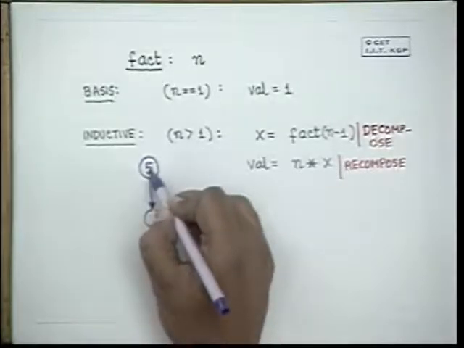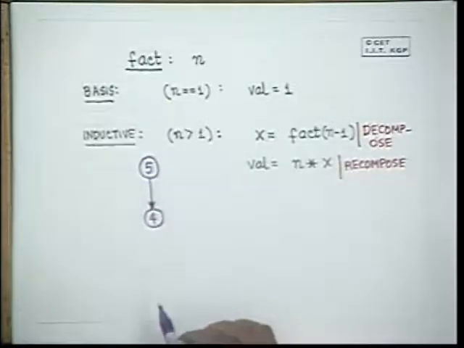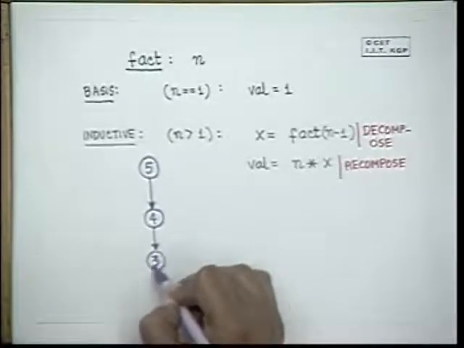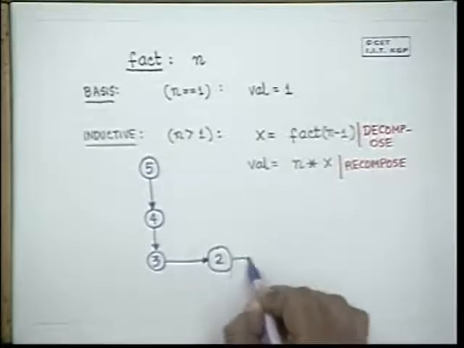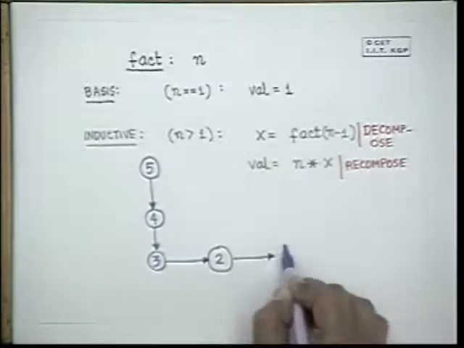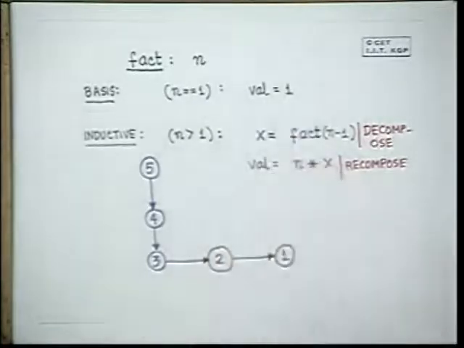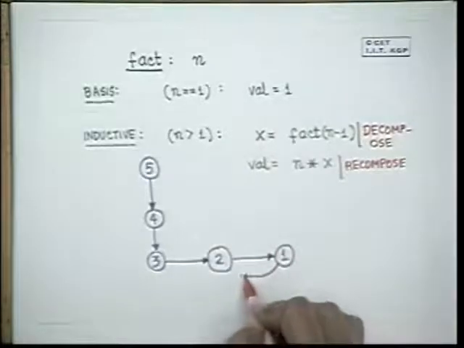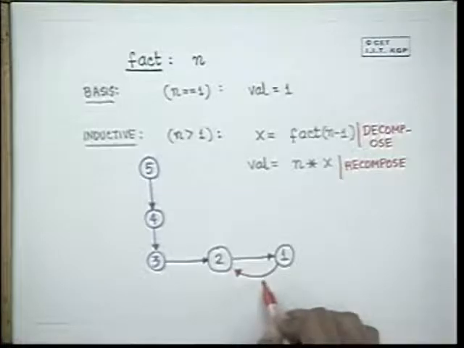The argument is passed through this. Then here this condition holds, the problem is solved. Once the problem is solved, this value is returned. And here 1 is returned.